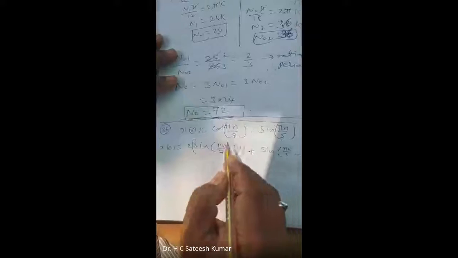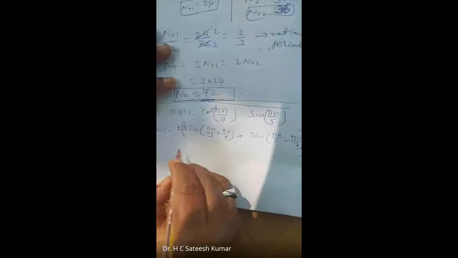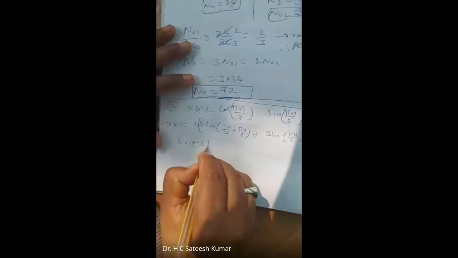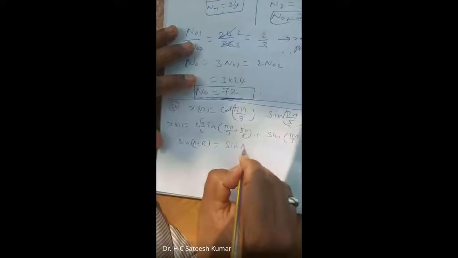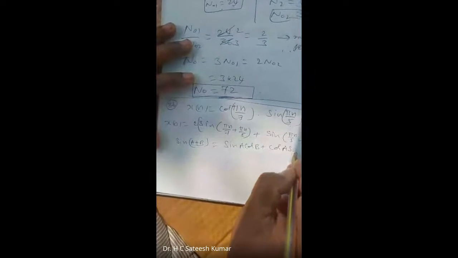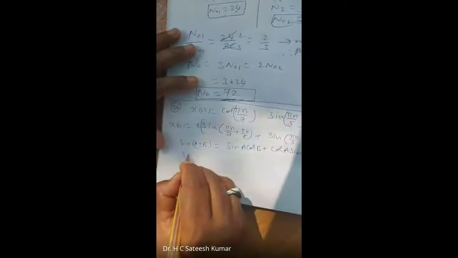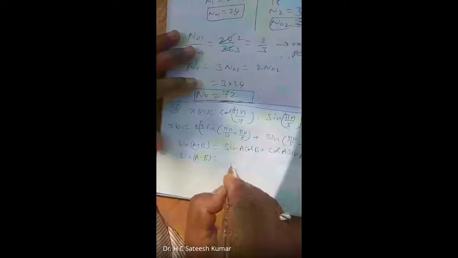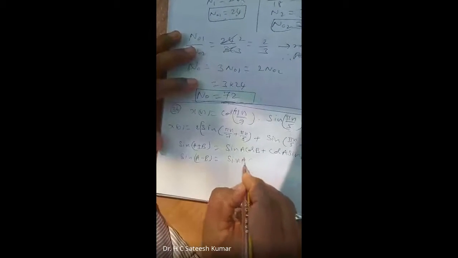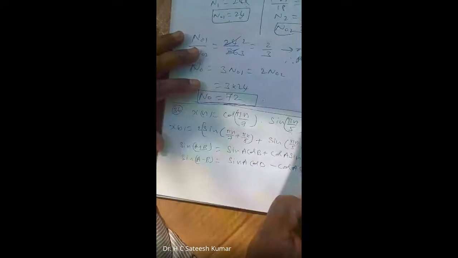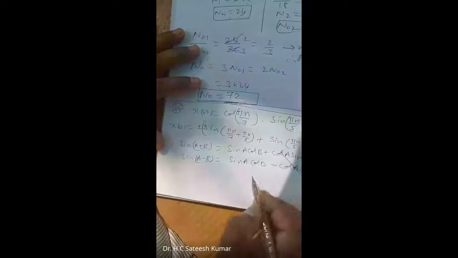Okay, right. Is it okay? Sin A cos B formula. Any confusion? What you should do is sin of A plus B is equal to sin A cos B plus cos A sin B. Sin of A minus B is equal to sin A cos B minus cos A sin B. Add these two, and this will get cancelled.